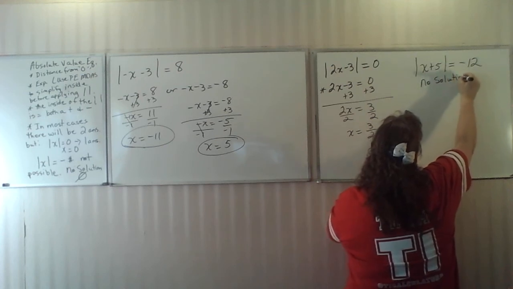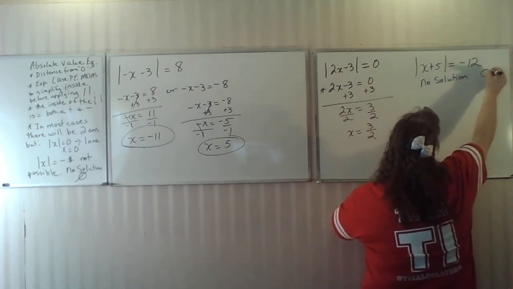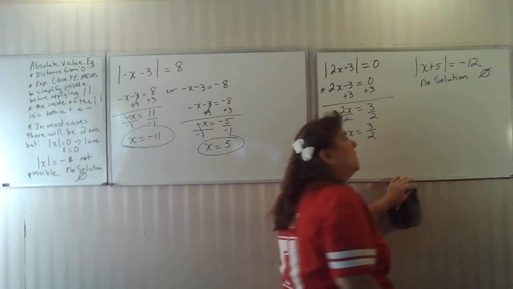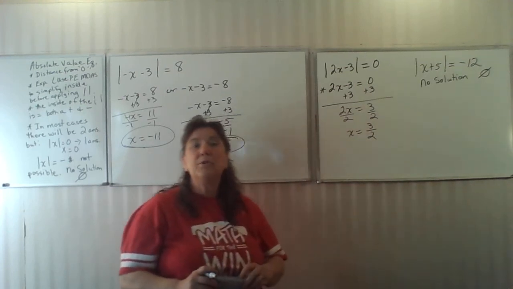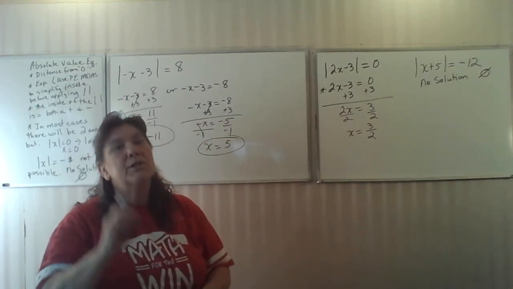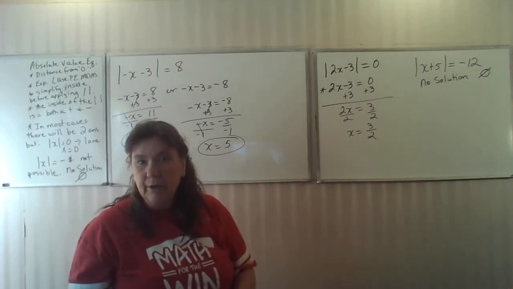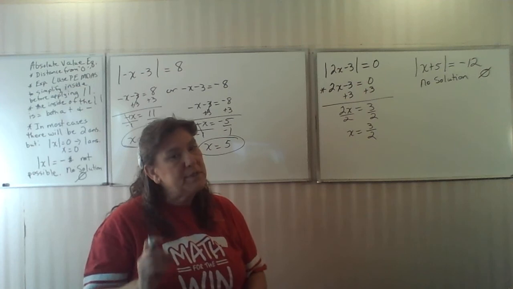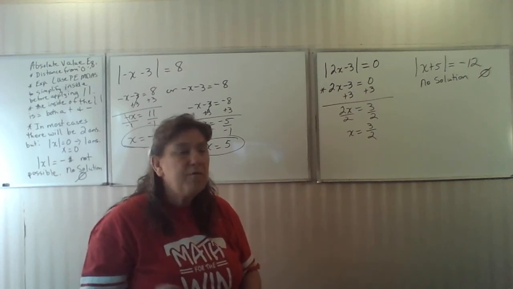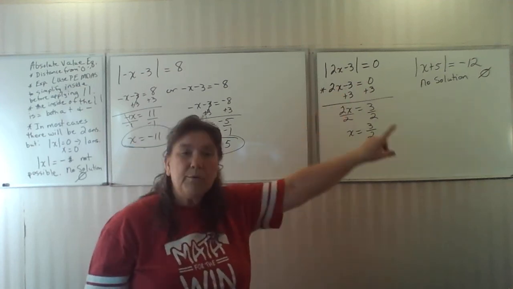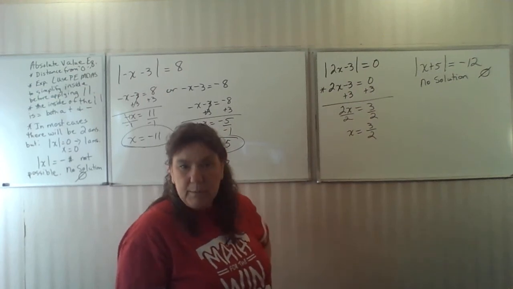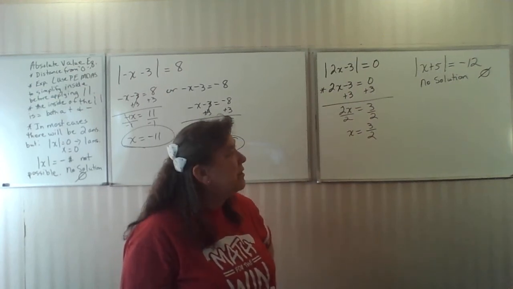Whenever you have an absolute value equal to a negative number, stop. Ask yourself, what's going on here? Remember, absolute value is a measurement of distance. Therefore, if I have an absolute value equal to a negative number, I'm in trouble. I can't really do anything with it.